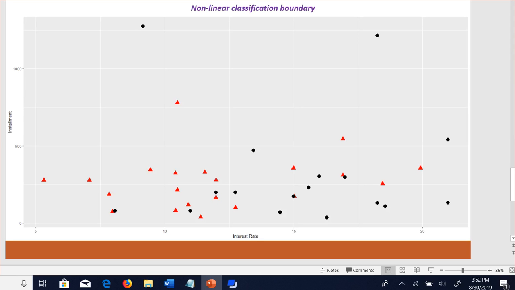But to simplify things, I just picked two variables at random. This is a case where our data cannot be separated by a straight line. In other words, our data is not linearly separable.